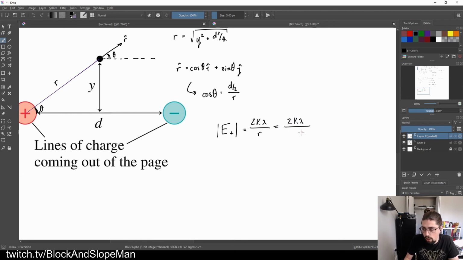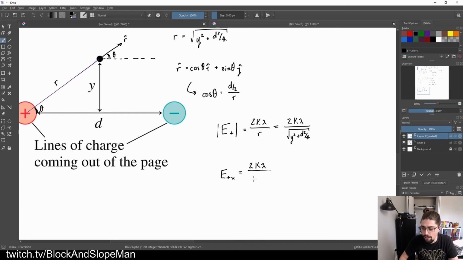Let's just go ahead and replace r with all those pieces right there. Now we want the x component of this thing, so we are going to multiply by only the x component, right? The cosine of theta. So this is going to become 2k lambda over, well, r is showing up a second time, so that'll be r squared on the bottom, right?